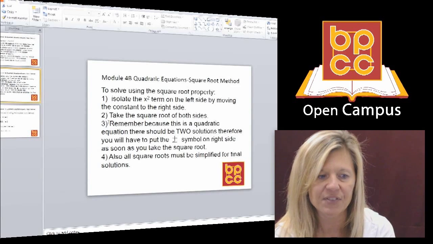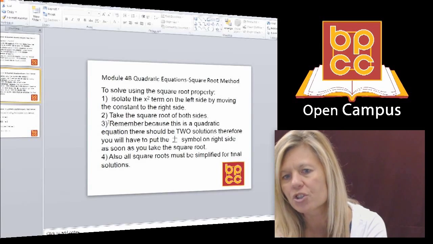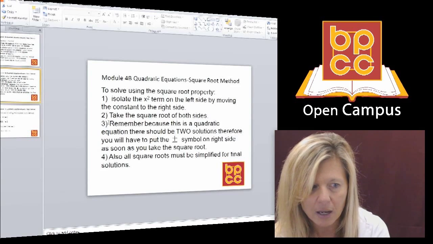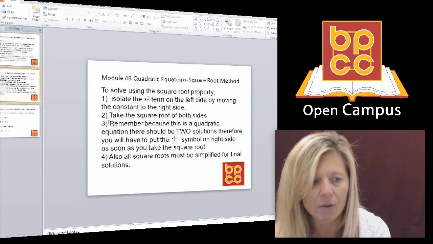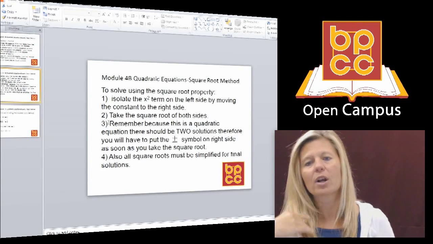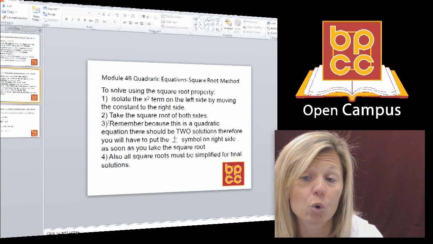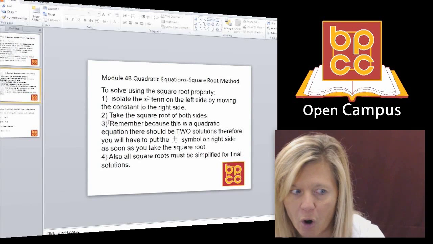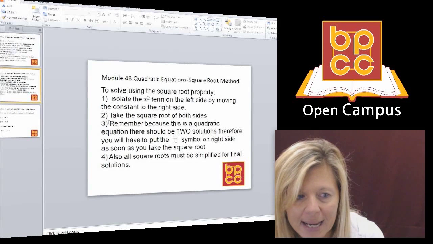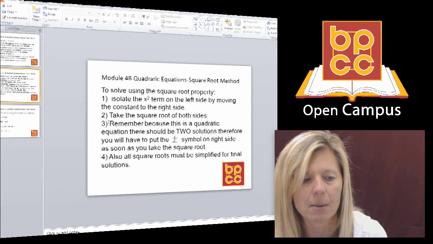You want to get on the left side of the equation the term that has the square, and you want the numbers to move to the right. So to solve by the square root, you do not, I'll repeat that, you do not want the equation equal to 0. You want it equal to a number. So we're going to isolate the square, move the numbers to the right. Then we're going to square root both sides. You're going to understand that when you square root, you're going to have 2 answers, so that's where a plus or minus symbol is going to come in.